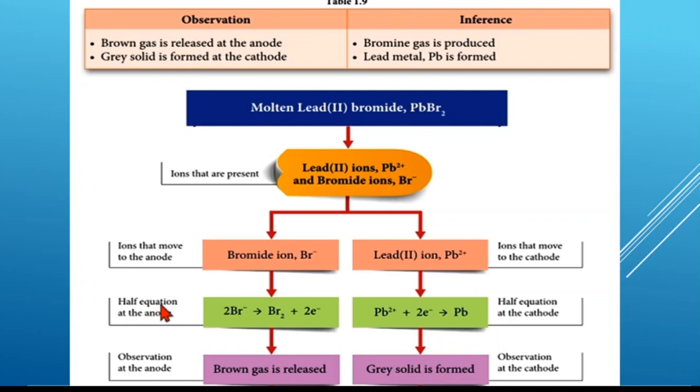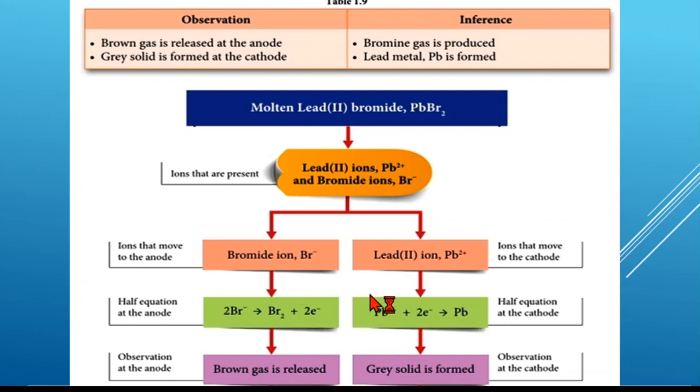So, what is the half equation at the anode? Anode, okay, the Br minus tadi dia kena buang elektron dan dia akan jadi Br. Betul? Tapi Br gas itu dia wujud sebagai Br2. So here we must add 2 and the electron must add 2 also. Ini half equation at the anode.